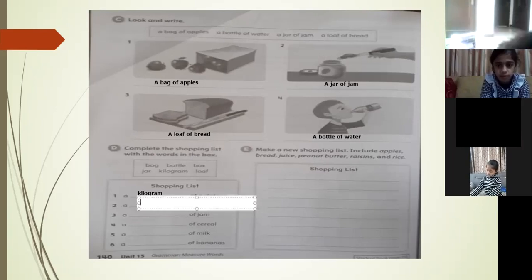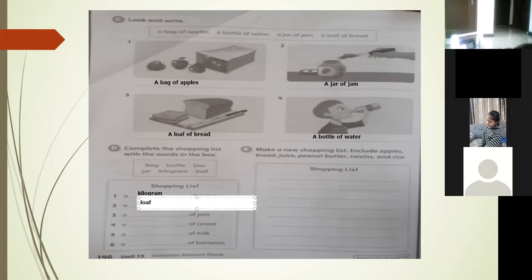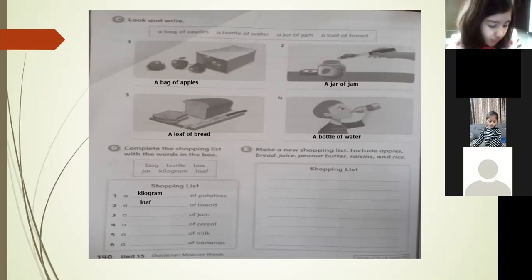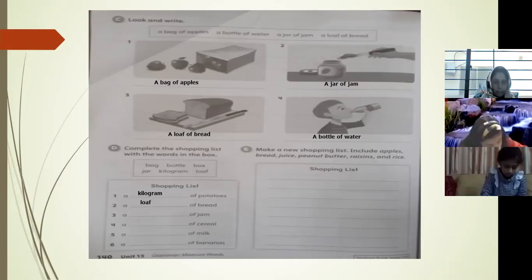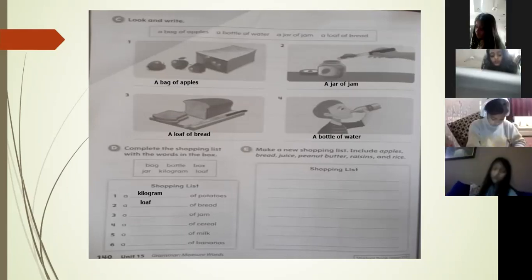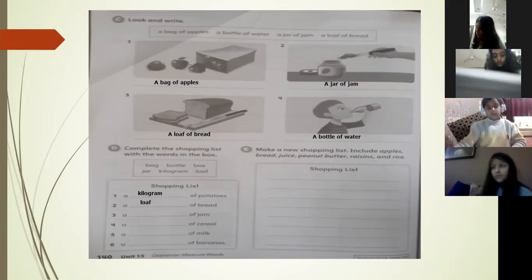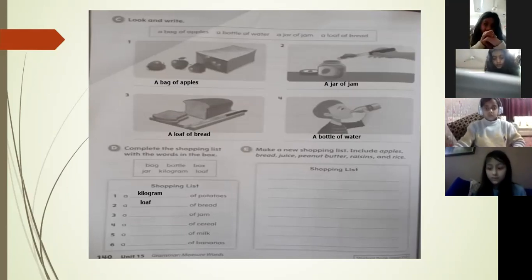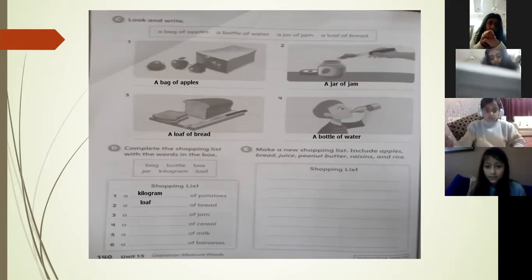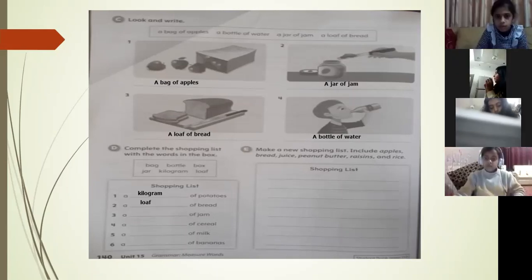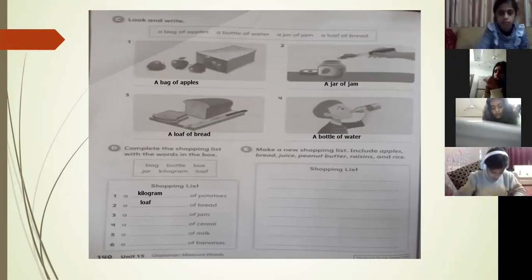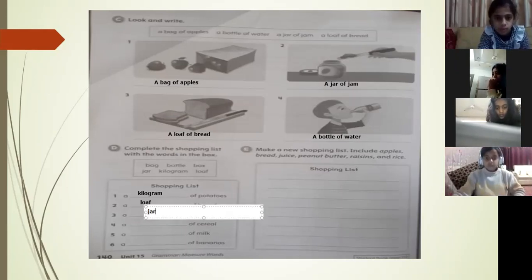Okay, so write down, all of you, loaf of bread. Number three is a dash of jam. Yes, Laiba, a dash of jam. A jar of jam. Yes, a jar of jam. Just mute yourself.